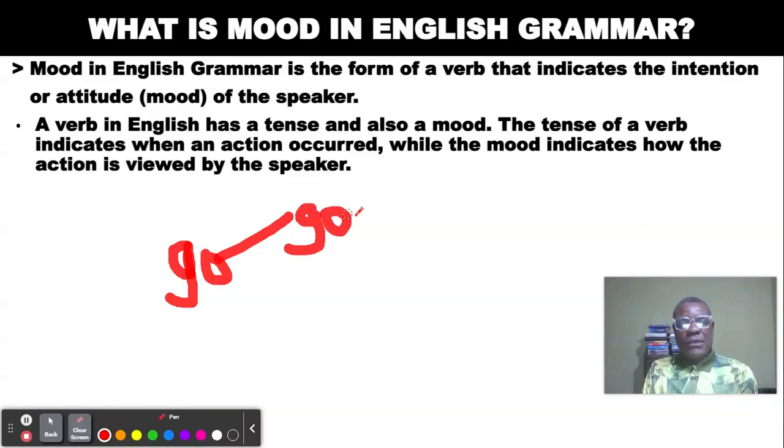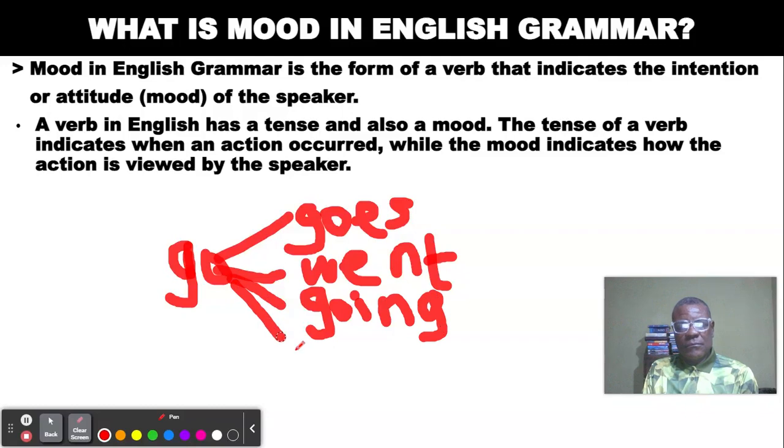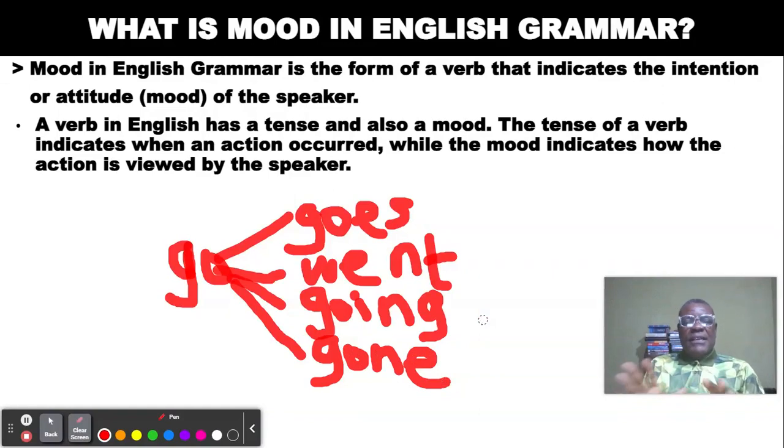You have goes, went, going, gone. So you see, these various forms of the verb can either be used to indicate the time of an action or can be used to indicate the mood of the speaker.